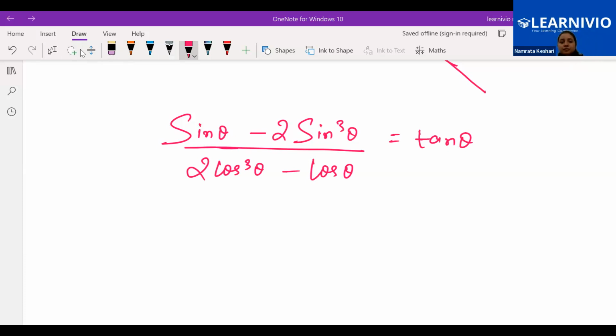Can we convert tan theta to sine theta by cos theta?